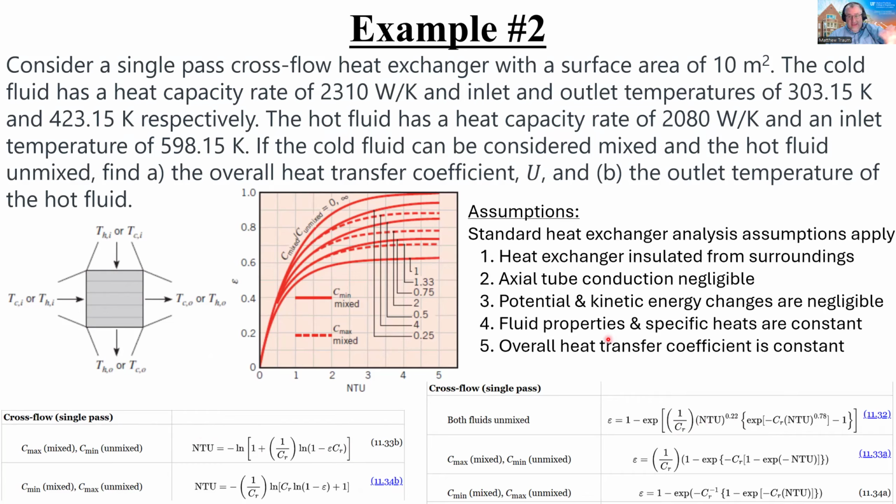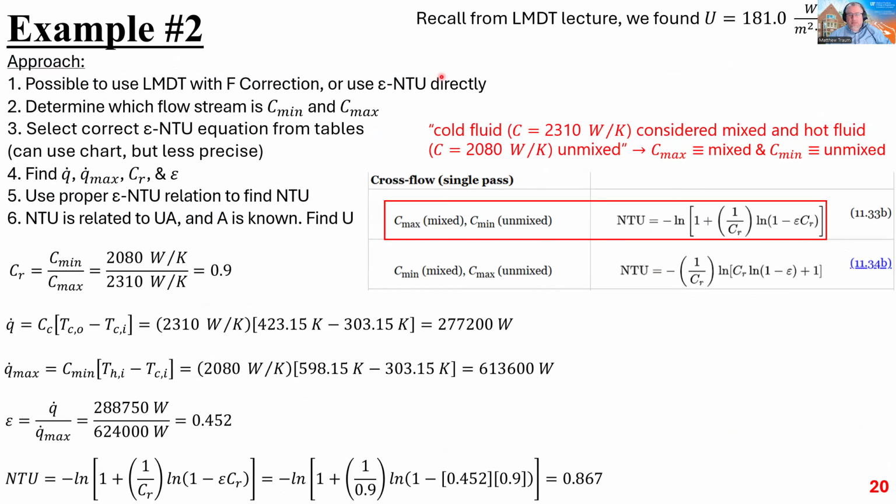I'm not sure yet which one I'm going to use, but I'm going to gather up that information in case I need it. And this is the appropriate figure in case I want to use a figure instead of the tables. I usually use the tables for accuracy, and the figures just for eyeballing quick back of the envelope calculations.